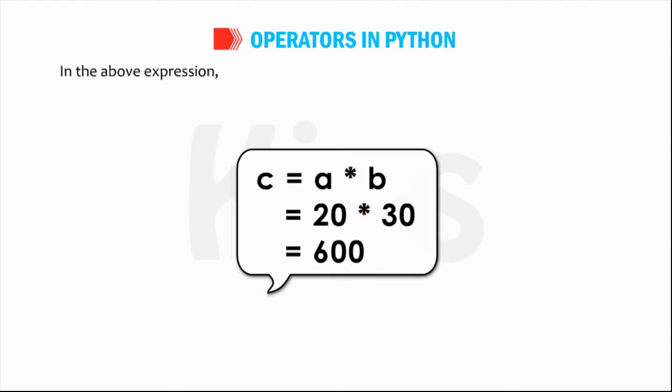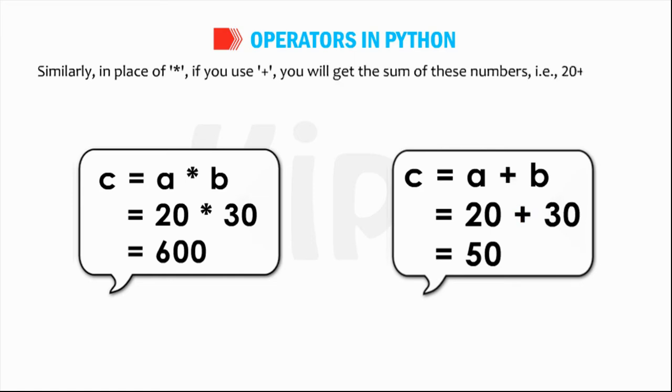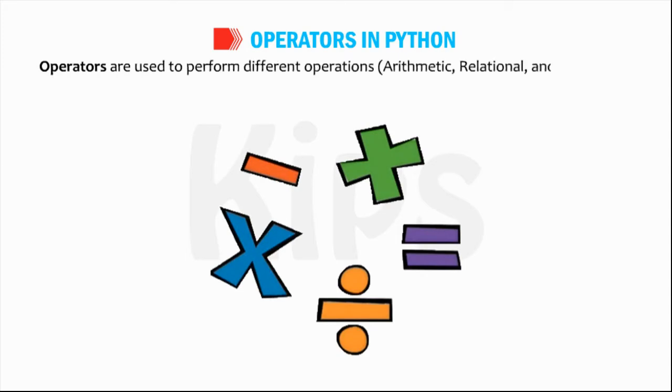In the above expression, asterisk is a symbol which is used to multiply these two numbers. Similarly, in place of asterisk, if you use plus, you will get the sum of these numbers, that is 20 plus 30 equals 50. Operators are used to perform different operations, arithmetic, relational, and logical, on operands and give a meaningful result.